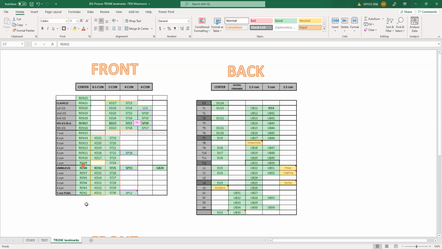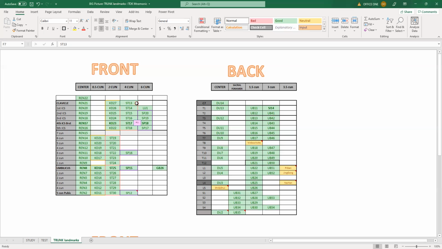So then we have the same for the kidney channel. First one is kidney 11, umbilicus kidney 16. Remember that it skips 1 here, then kidney 21, and it changes to kidney 23 here at the 4th intercostal space. And then the last one is kidney 27.